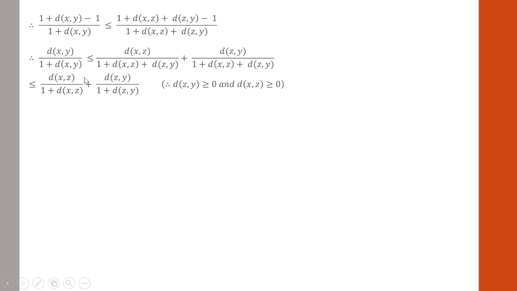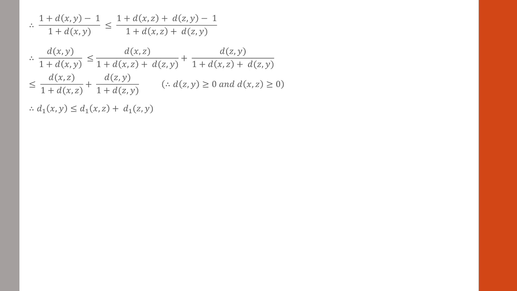So this value is greater than this value, also this value is greater than this value, and therefore their addition must be greater than or equal to. But this is nothing but d1(x,z), and this is d1(z,y), and therefore it satisfies the triangle inequality, and therefore d1 is a metric.